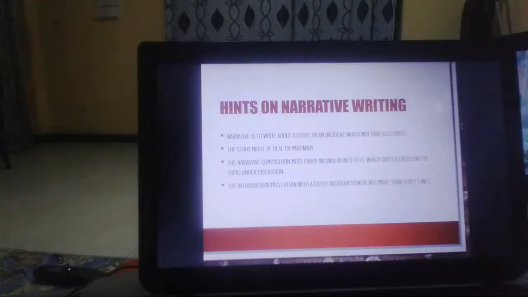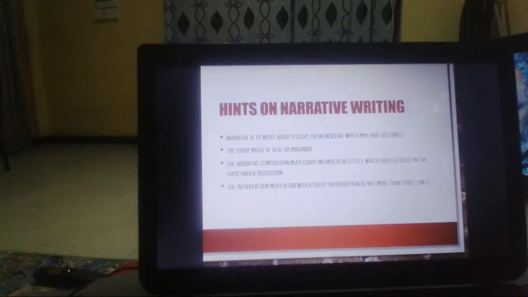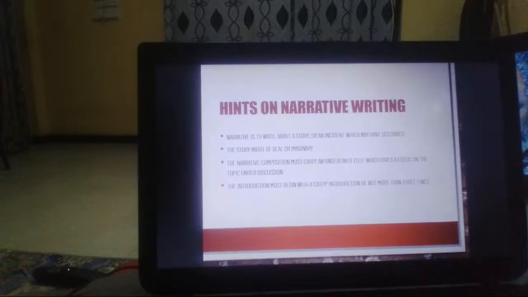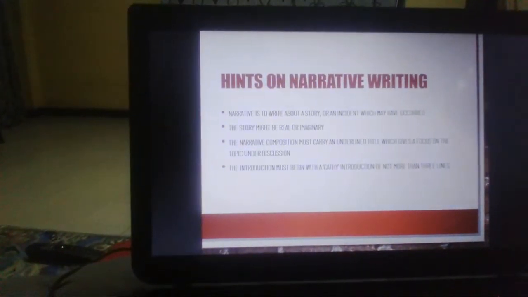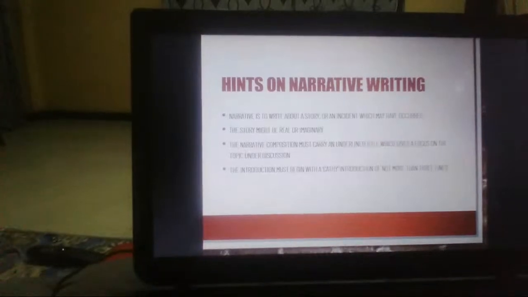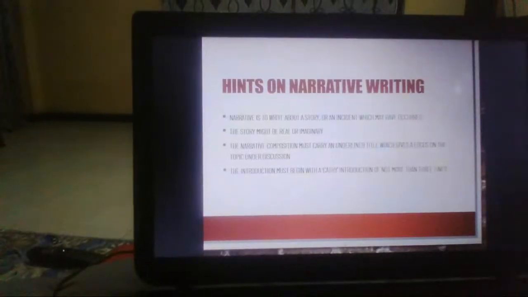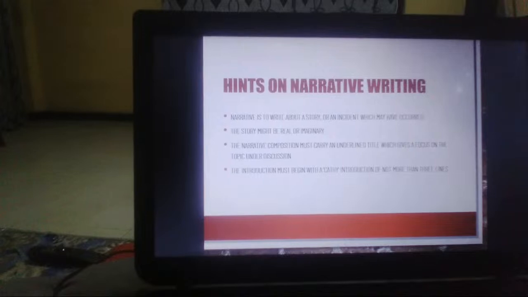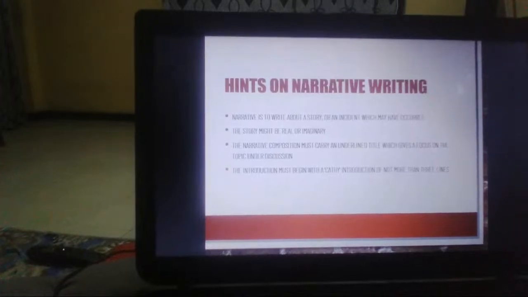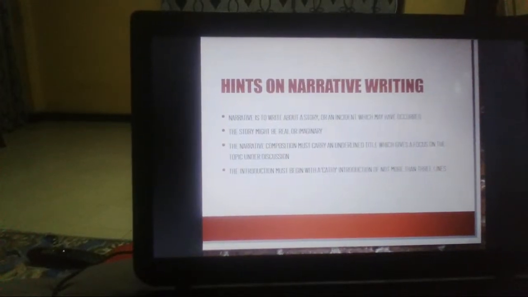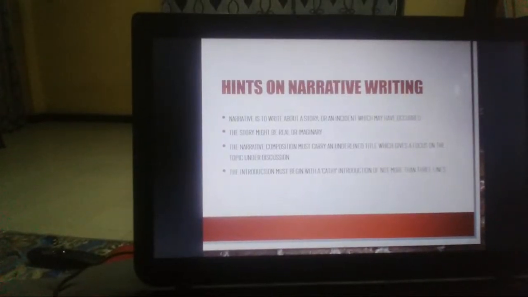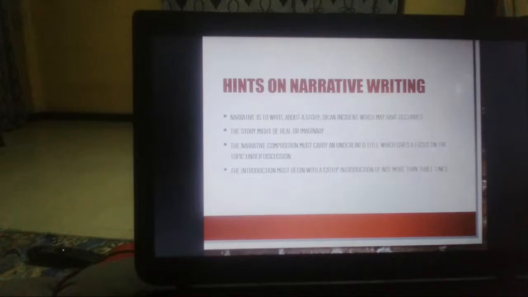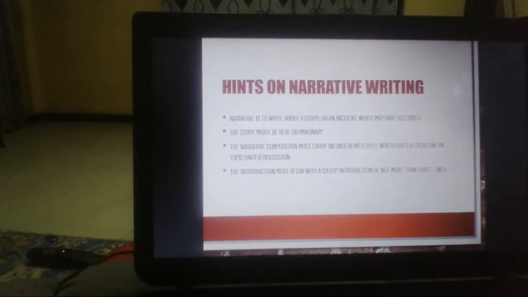Now, what are some of the important hints when you're writing narrative composition? Since you are writing about a story which may have occurred, the story can be imaginary or can be a real story.